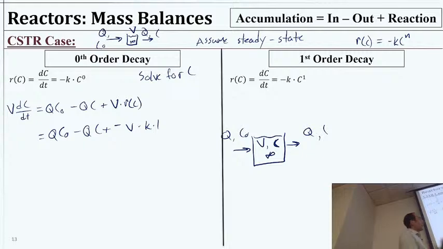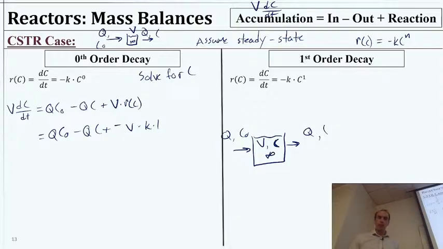And in most cases, it makes sense. So the V dC dt is like the accumulation rate? Yeah, the accumulation rate we are always going to write as that volume times the change of concentration over time. A lot of times we'll set it to 0 with a steady state assumption.